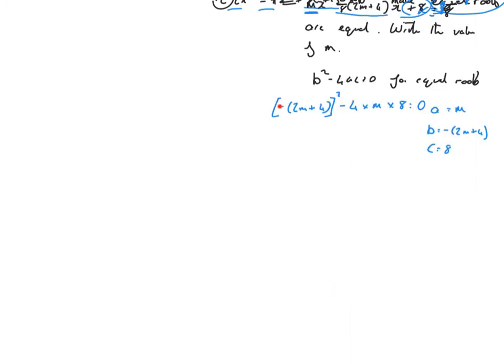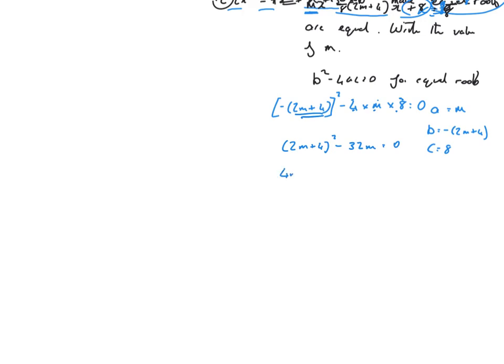Okay, so first of all, I square the negative to get a positive, so that's that organised. And then I just need to square that bracket then. So 2m plus 4 all squared minus 4 times m times 8. Well, 4 times 8 is 32, and times that by m is 32m is equal to 0. Okay, let's expand this out now.